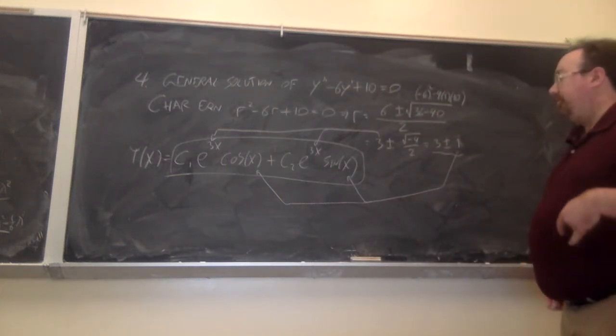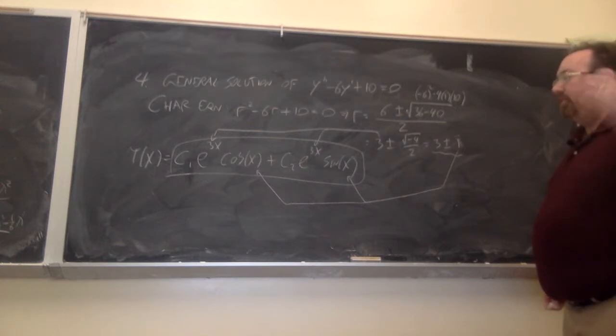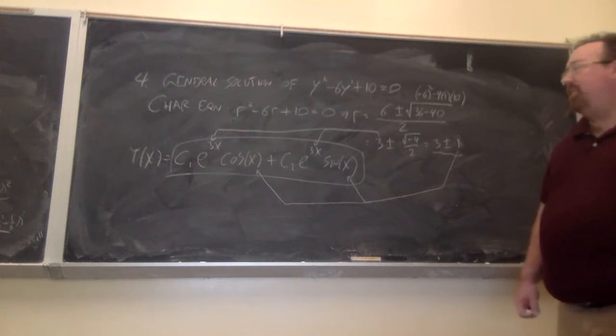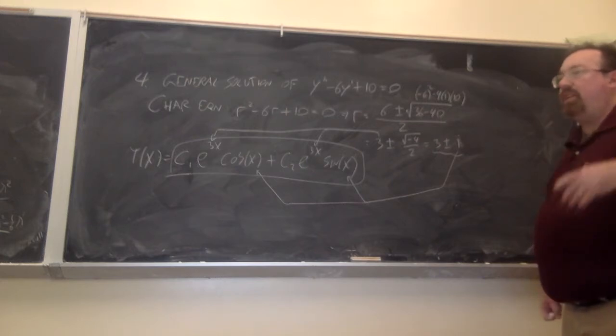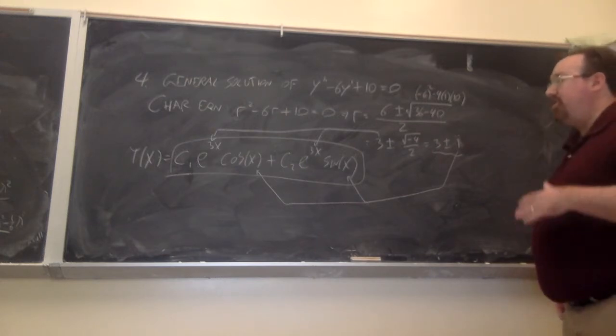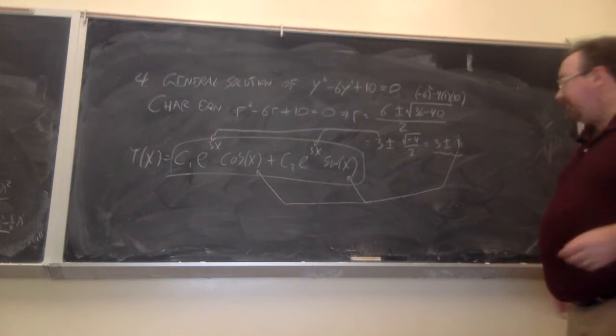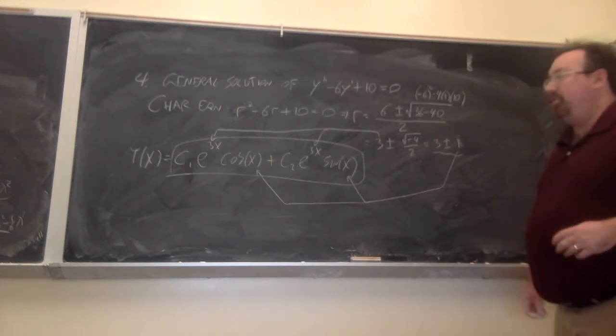All right, so distinct real roots, you have exponentials. Repeated roots, you have an exponential and x times an exponential. Complex roots, you have e to the real part times x times cosine and sine of the imaginary part times x.